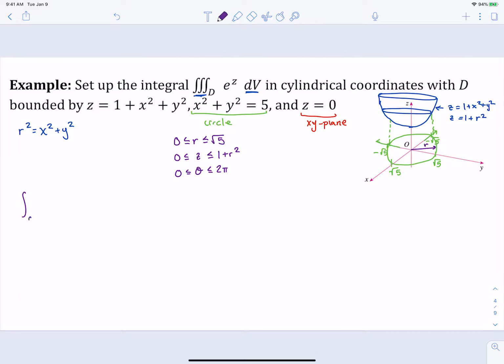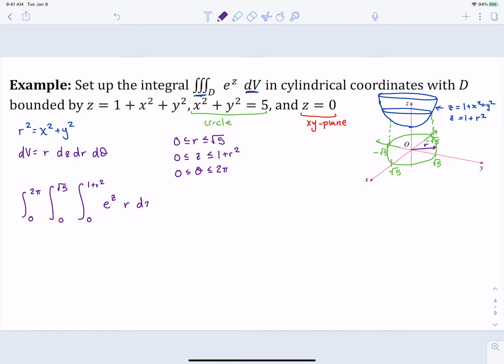So for our limits of integration, I'm going to do theta last, r in the middle. I'm going to do z first because that gets rid of my limit of integration that has variables. We don't need to change the equation at all because there are no x's or y's in it, so it's still e to the z. And our dV in cylindrical coordinates is r, and we'll write it in the order that we're going to do, dz, dr, d theta.